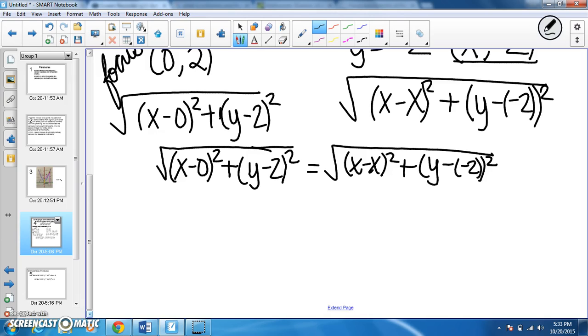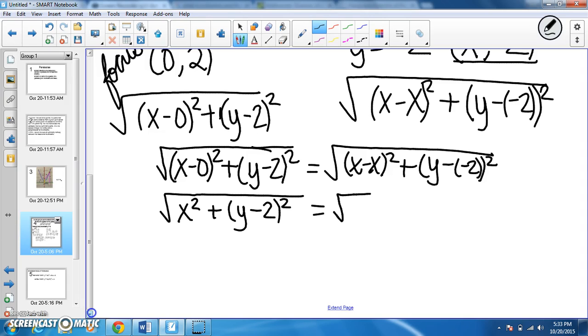If we simplify this, you get the square root. X minus 0 is just x, so we're left with x squared plus (y minus 2) squared is equal to the square root. X minus x is 0. 0 squared is still 0, so we don't have to write anything there. And then we have y minus a negative, which is plus 2 squared.